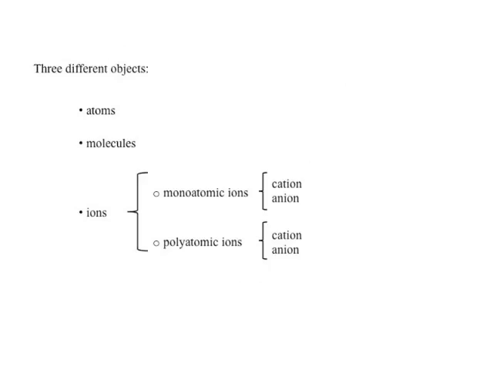So, at this point, you should understand all 3 different objects: atoms, molecules, and ions. And ions are the most complex object because ions have different kinds. Ions have monoatomic ions. Monoatomic ions, remember, are made from atoms.